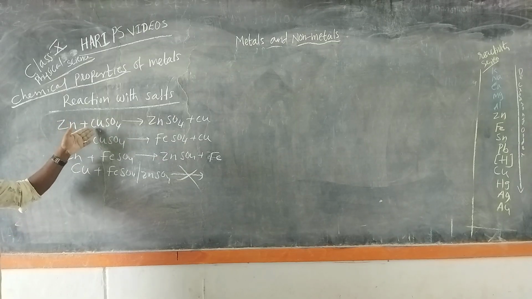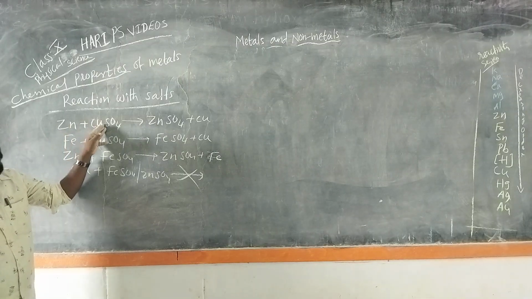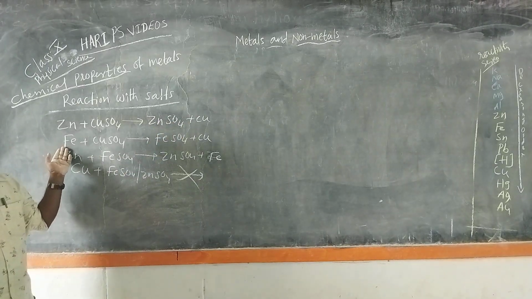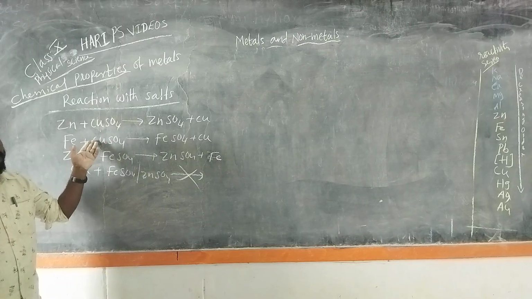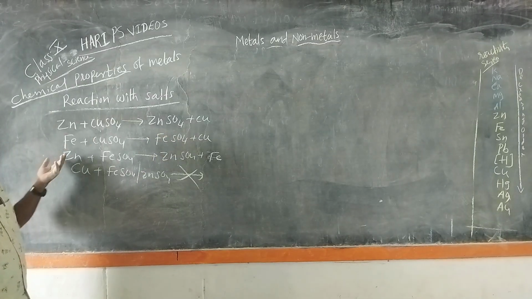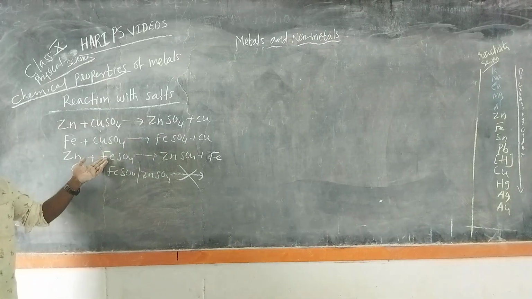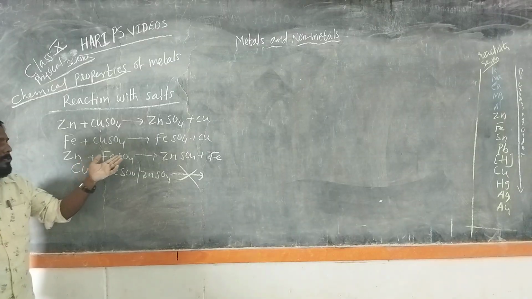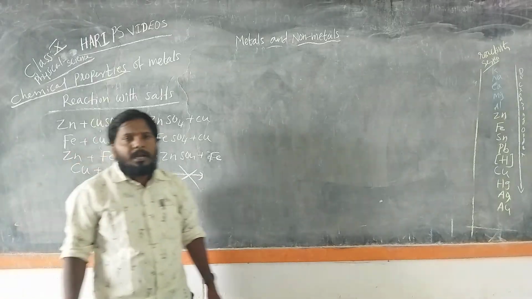So copper is displaced by zinc in copper sulfate solution and forms zinc sulfate and copper. Iron is more reactive than copper, so copper is displaced by iron and forms iron sulfate and copper. Comparing the reactivity of zinc and iron, zinc is more reactive than iron, so zinc displaces iron from iron sulfate and gives zinc sulfate plus iron.